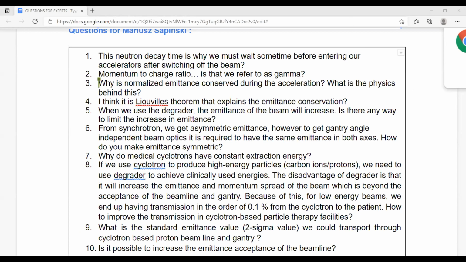Then there is a question: momentum to charge ratio, is this what we refer to as gamma? No, I was really not clear in my presentation, I'm very sorry. No, momentum to charge ratio is just a momentum to charge ratio. Gamma, we have two gammas.